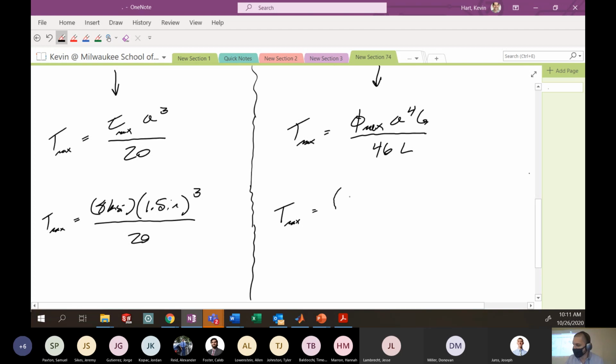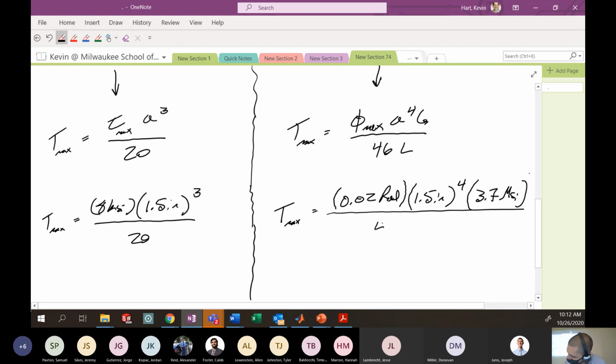Maximum angle of twist, always given in radians here, 0.02 radians, times 1.5 inches to the 4th, times the shear modulus, 3.7 MSI, all over 46 times my length. I was told that this is 4 feet, so I'm just going to work in inches here. 4 times 12. Anyone got a calculator? I'm just kidding. It's 48 inches. Did that one in my head.